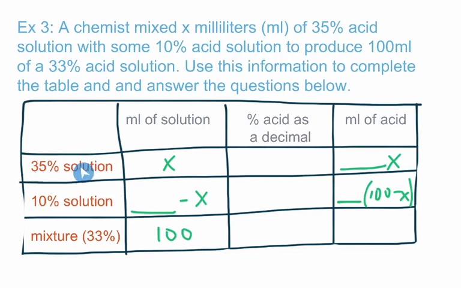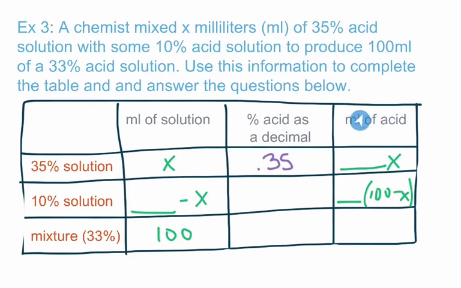For the 35% solution, we want to write the percent of acid as a decimal. So we come over here to the percent. 35% written as a decimal is 0.35.